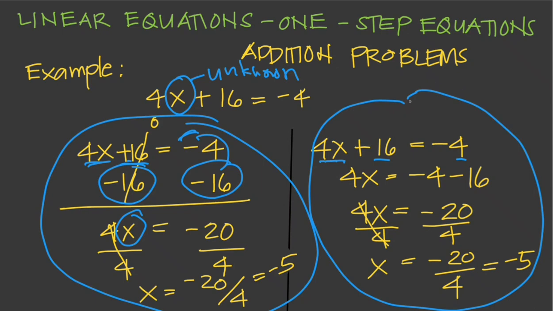So you just have to group them together. You can move 16 here. Since 16 on the left is positive, moving it to the other side would change the sign from positive to negative. That's why I wrote here -16. And we will get the same answer.